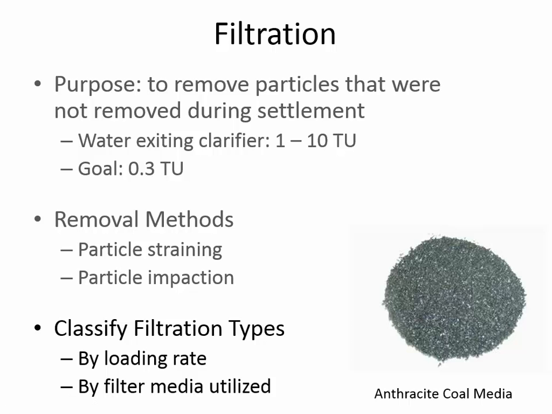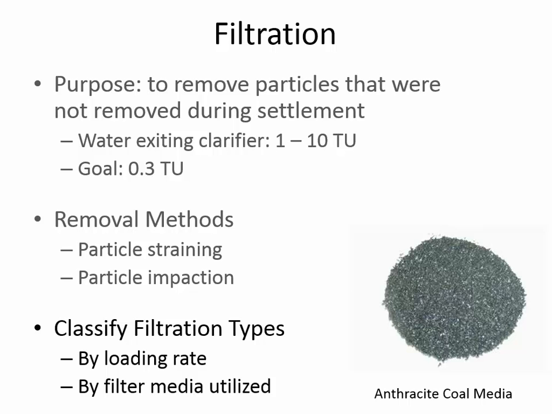So our goal is, when the water comes out of filtration, we want it to be less than 0.3 turbidity units. And turbidity units is just a way of measuring how clear the water is. They do that measurement by shining a light through it. If you have a beaker of water with lots of particles, and you shine rays of light through, then maybe only some of the rays of light will get through because some of them will be intercepted by particles.